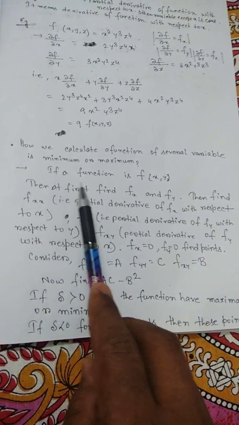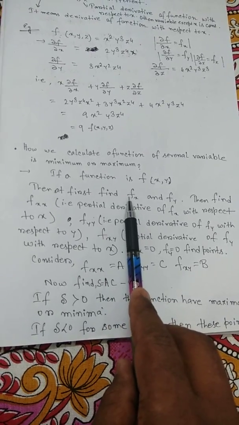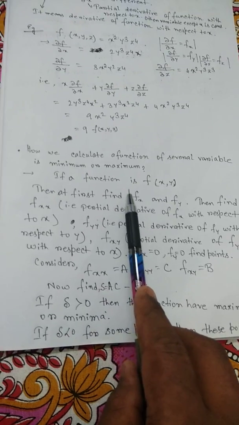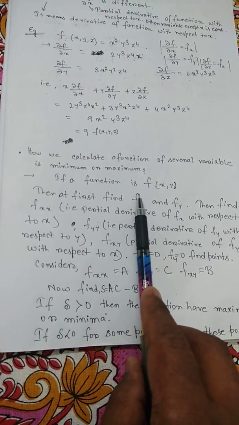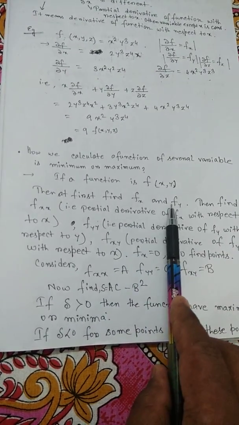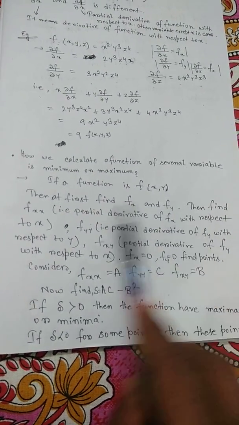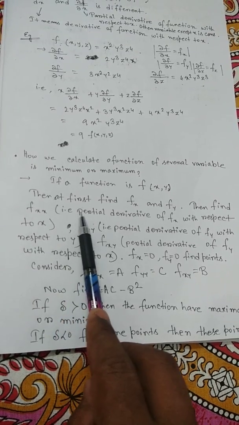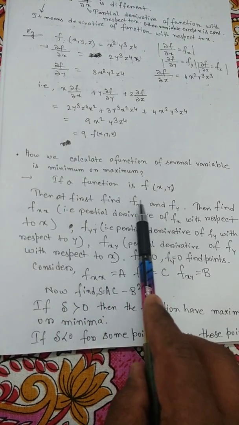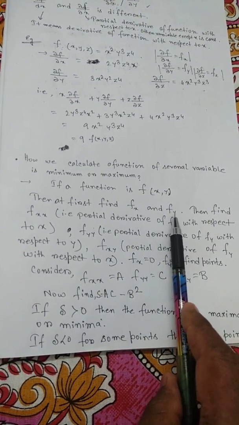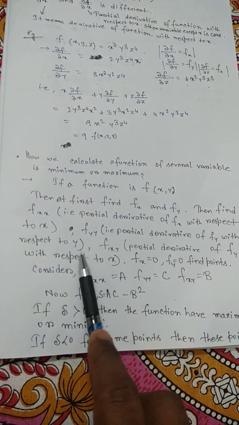Then at first find fx, that is the partial derivative of the function f with respect to x, and the partial derivative of the function f with respect to y. Then find fxx, that is the partial derivative of fx with respect to x, and fyy, the partial derivative of the function fy with respect to y.